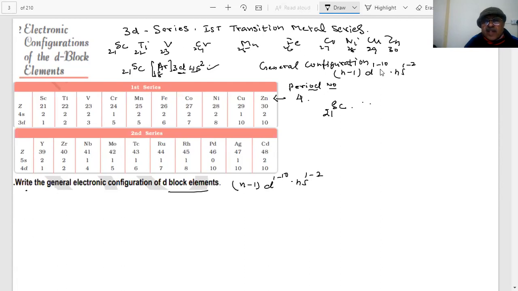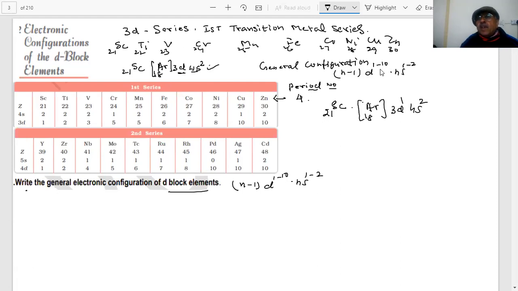Now if I have to write for scandium, atomic number is 21, fourth period, then I have to say 4s2. And then how many electrons will be left? This is my argon, which is 18. 18 plus 2, 20. So you are left with one electron.